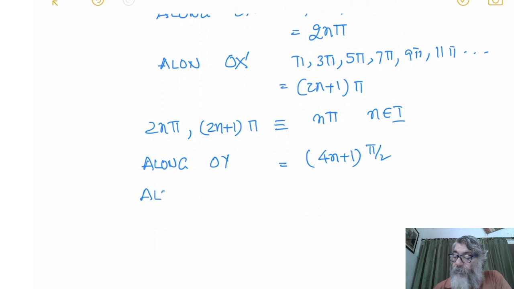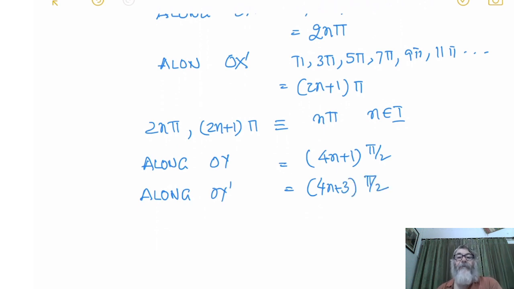Along OY dash, we used to get 4n plus 3 pi by 2. Again multiples of pi by 2. On vertical lines, we'll get odd multiples of pi by 2.